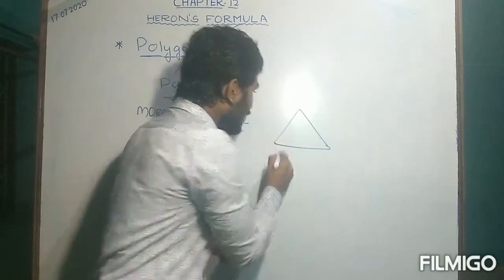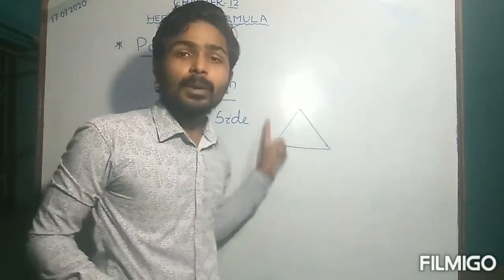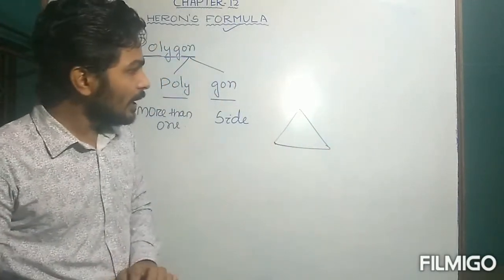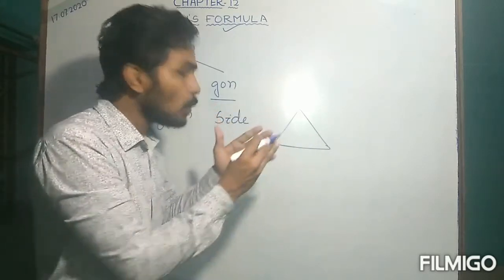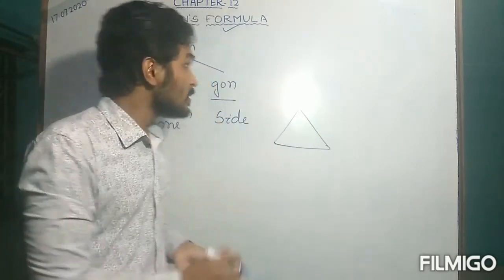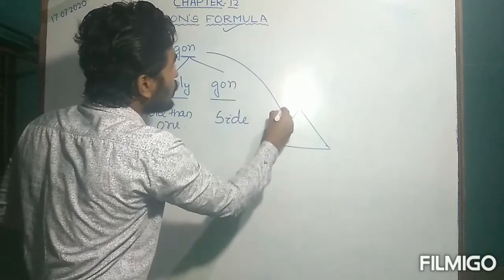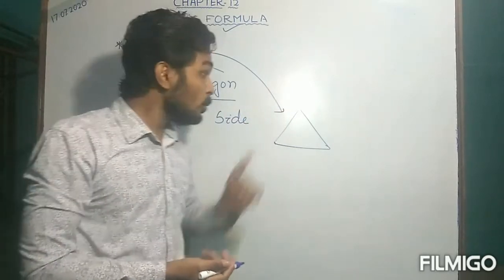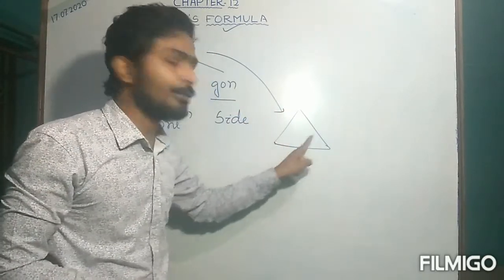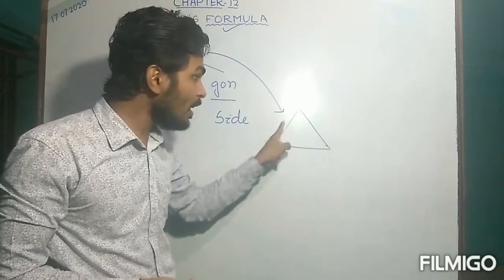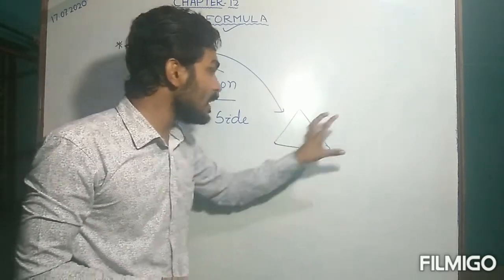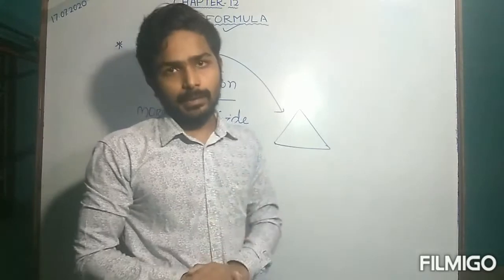Is a triangle a closed figure or an open figure? It is a closed figure because all the sides are closed. Clear? So a polygon is a closed figure which is made of only sides by straight lines.